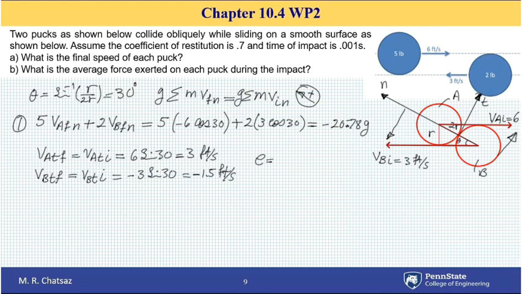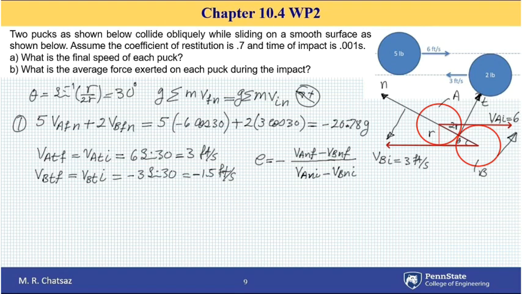I write the formula here one more time, which is minus VA normal final minus VB normal final, and the denominator has VA normal initial minus VB normal initial.